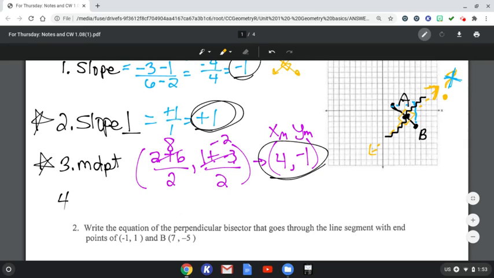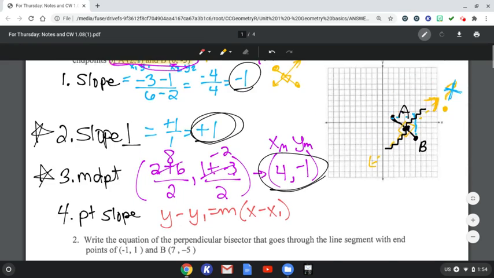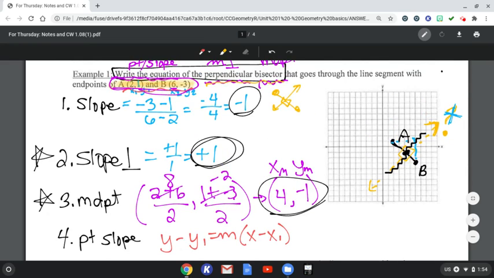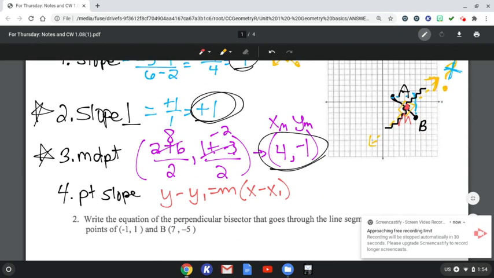So for step 4, we're going to use that point slope formula, y minus y1 equals m times x minus x1. Now we've used the x1 y1 from up here a couple of times. We're not going to use that again. Our line doesn't need to go through point A. It needs to go through this midpoint, so we're going to be using the 4 and the -1 for this last part.